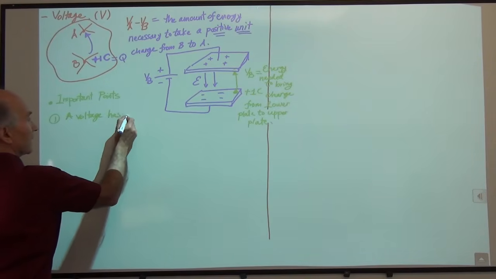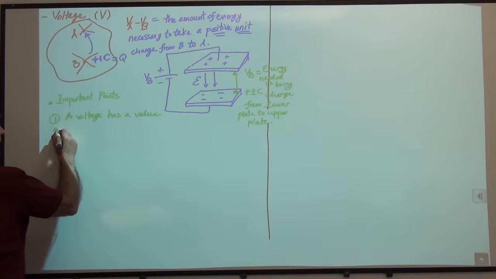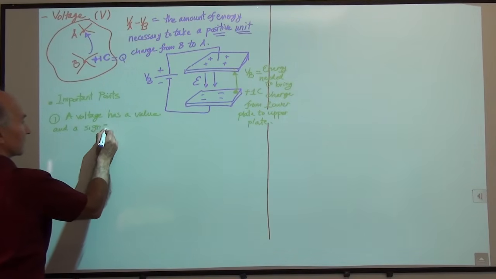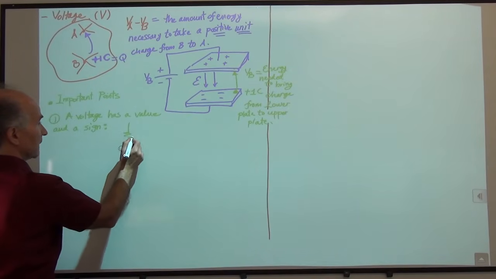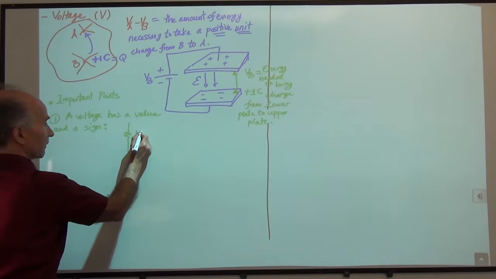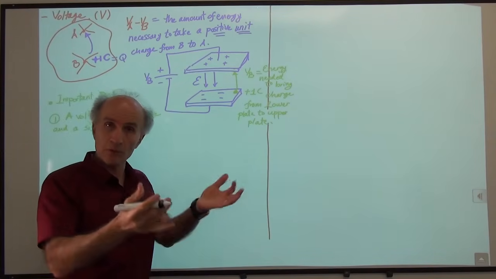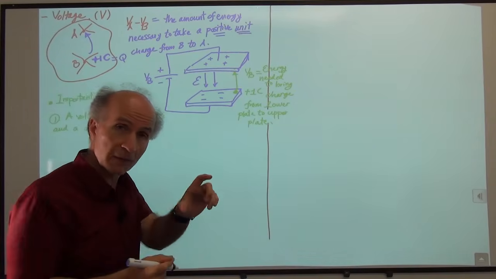Here are some examples. We have a resistor. We say there's a voltage of V1 across this resistor, V1 volts, so 5 volts, 2 volts. But we also must specify the sign of this voltage.